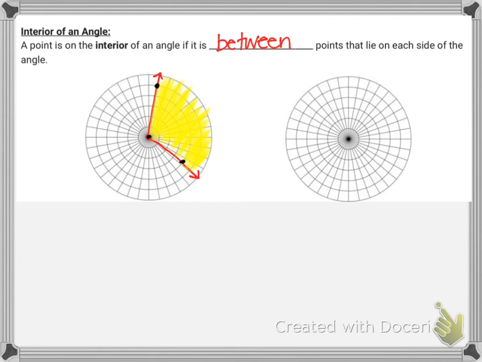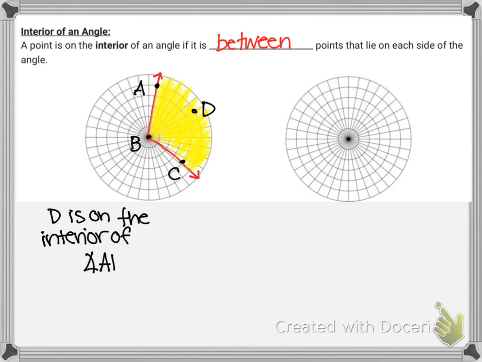And I'll call this angle ABC. So if I put a point over here, point D, I would say in this diagram, point D is in the interior of angle ABC.